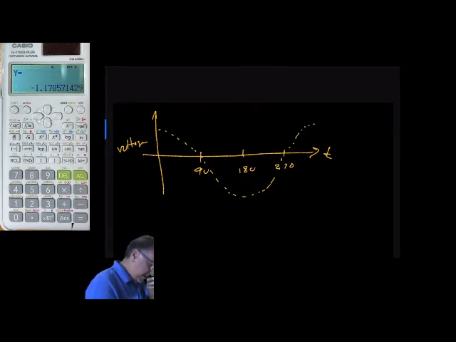But in this case, we have a phase shift of 120 degrees. So then the wave would actually look like this.